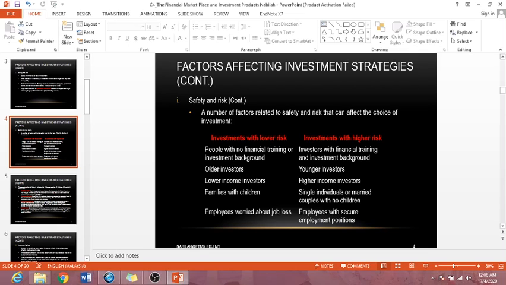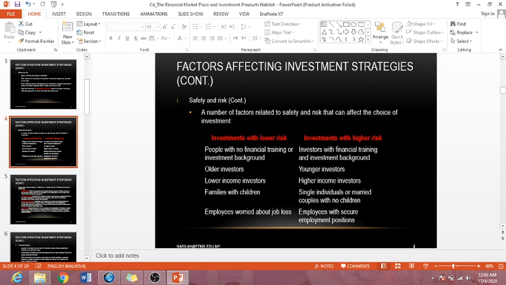The last factor is employees worried about job loss. These employees just invest for fun, so they don't want to take high risk. It is just lower risk for them, because they are worried they will lose their job.